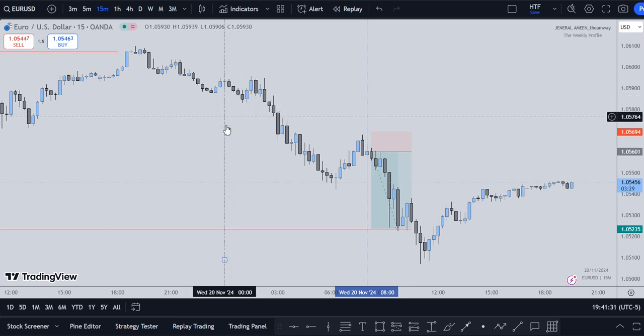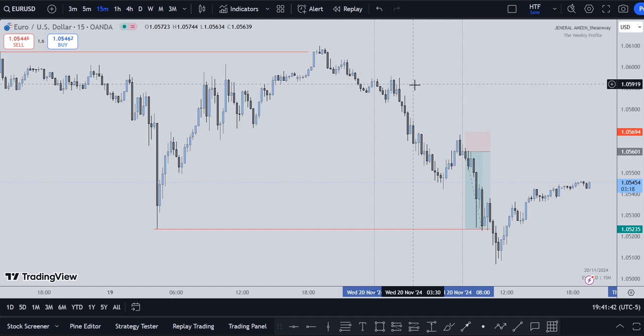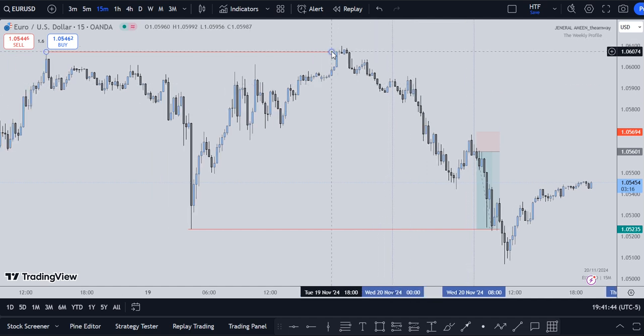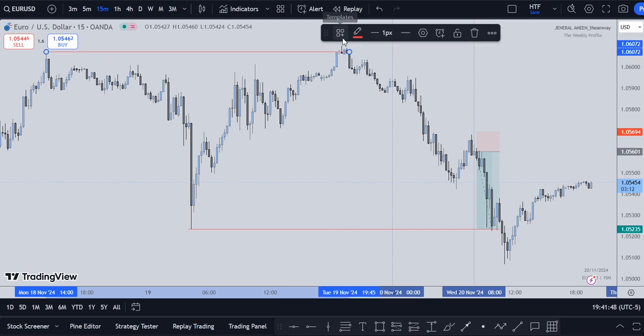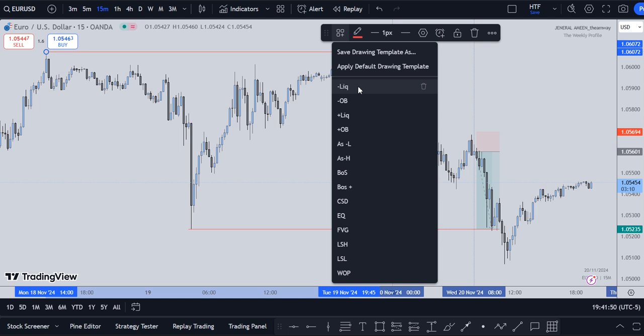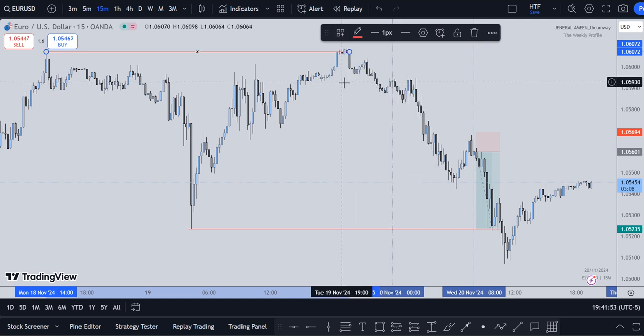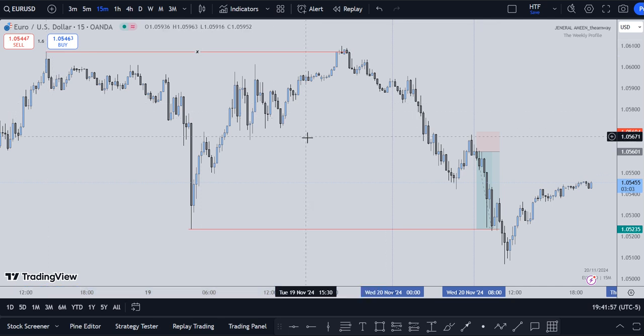I have to realize this one really needs the start of Tuesday, and then this one the start of Wednesday. Right. So now quickly you would see that I have this here. This level here was Tuesday running Monday's high, right?